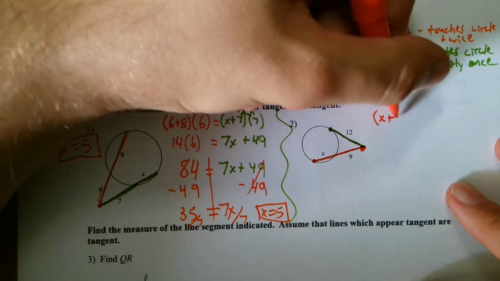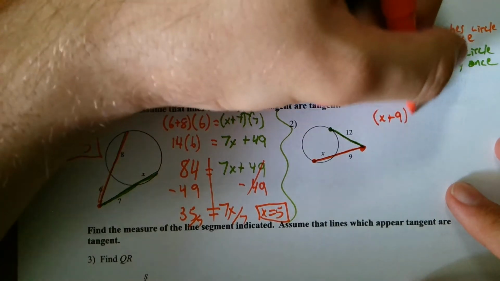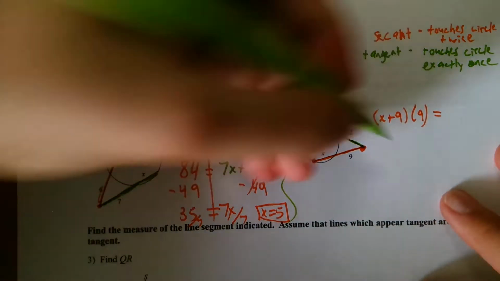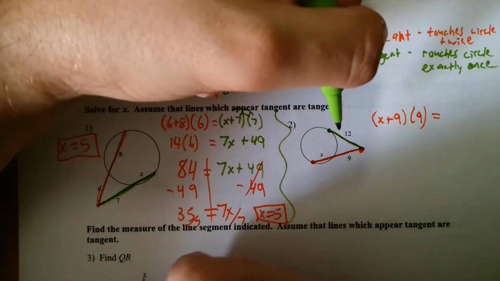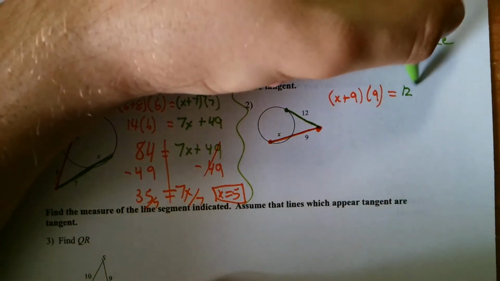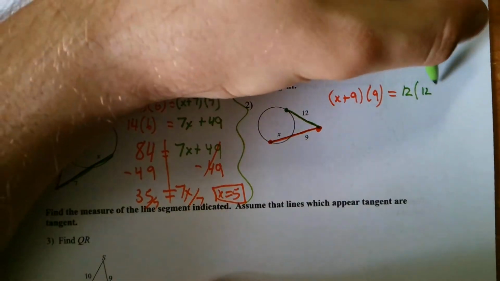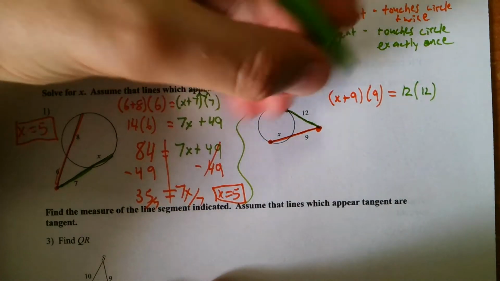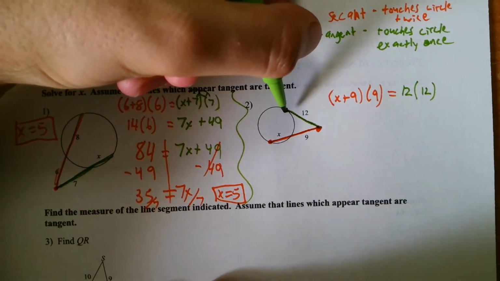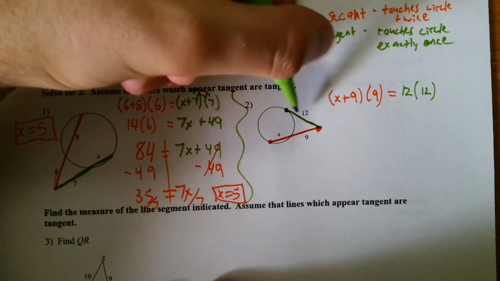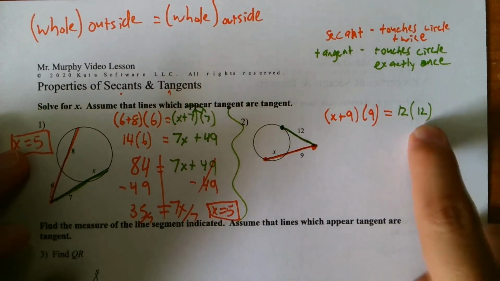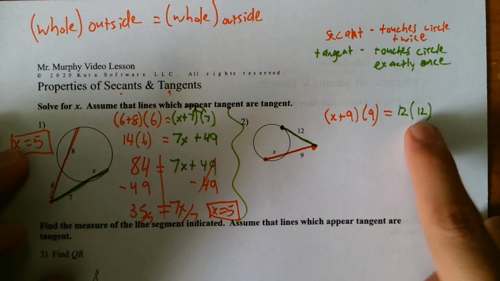The whole thing would be x plus 9 times 9 equals, and then for the tangent, what's cool about the tangent is that the whole line, which is 12, is equal to the outside portion, because the whole tangent is outside of the circle, except for this point. But that point has no length, so the whole length is on the outside. So for the tangent line, just do this, 12 times 12. Whole is equal to outside.